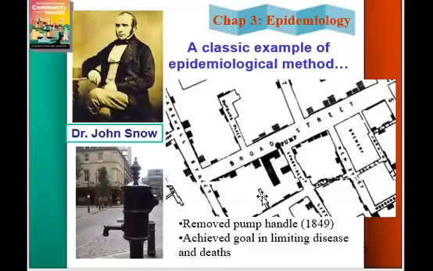So he would remove the pump handle. And true enough, after he removed the pump handle, the cholera cases gradually disappeared. Okay? I also want to point out that what Jon Snow did, from interviewing the affected people up until doing an intervention, is actually what we do in epidemiology.